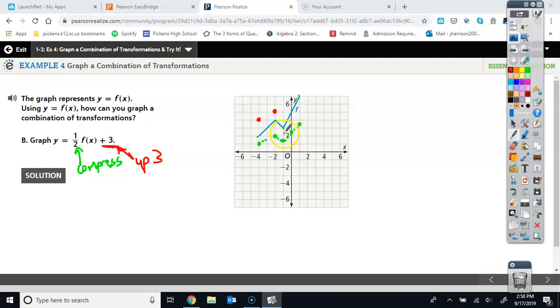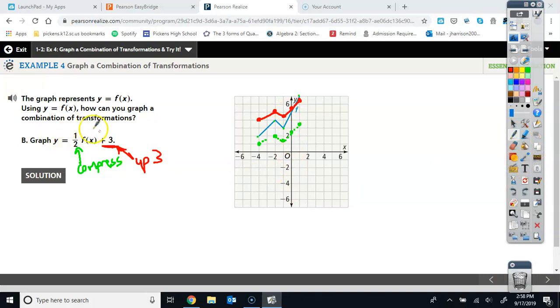Take this one, 1, 2, 3. Be careful with that one. Take this one, 1, 2, 3. And this one, 1, 2, 3. You'll notice that now I have my shape. It's a little bit flatter because it was compressed. And then it has been moved up 3 spaces.